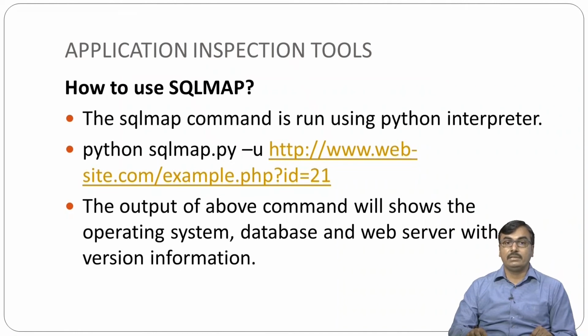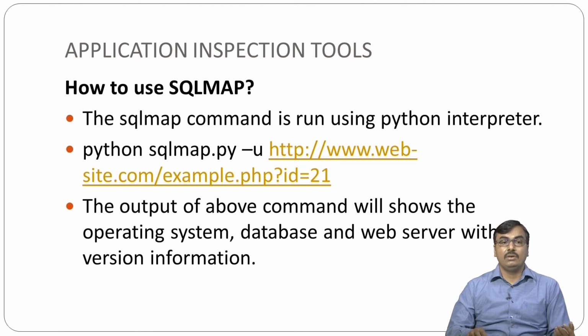So, if I enter this command, I will get the OS of the server, as well as the database version and the web server with version information. This is the ultimate use of SQLMap.